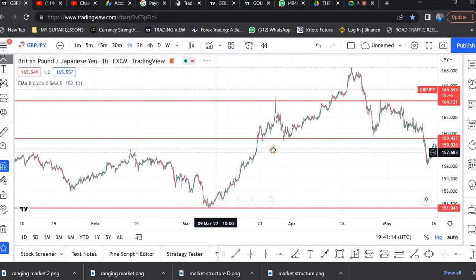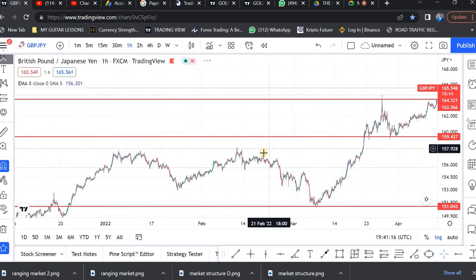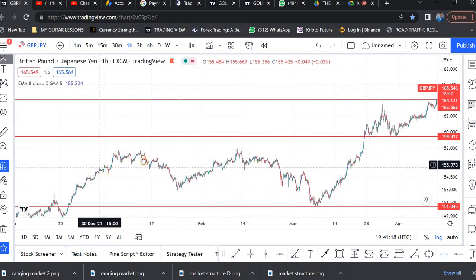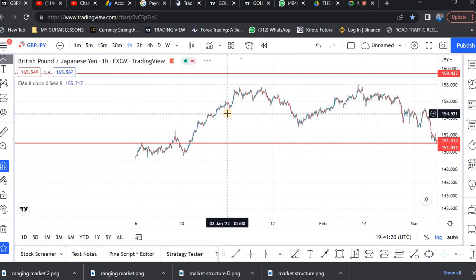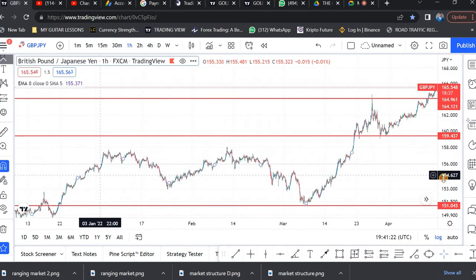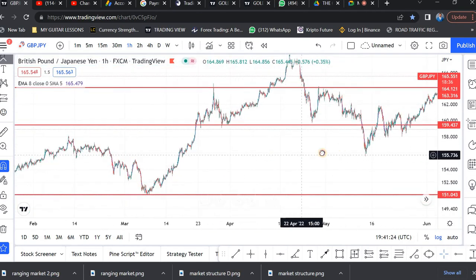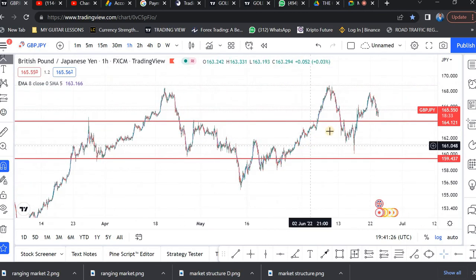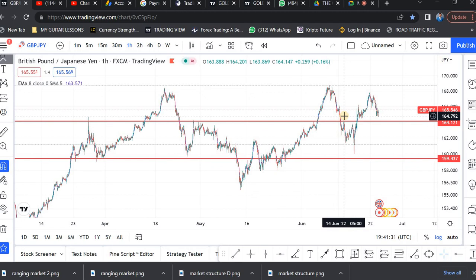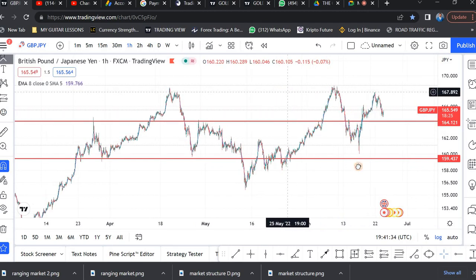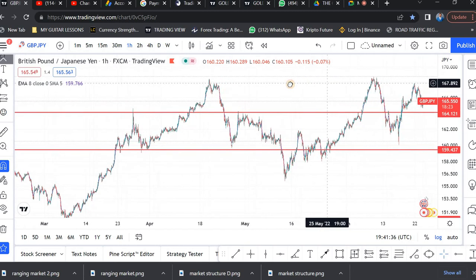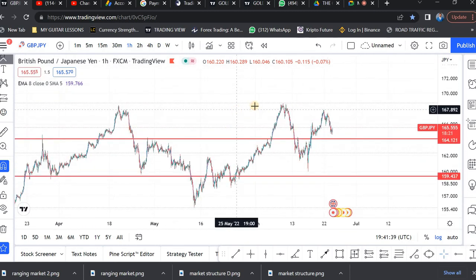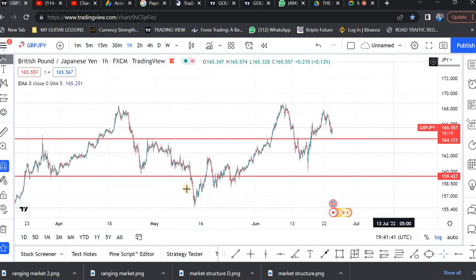I think I'll find examples of a ranging market, so you should be able to identify the structure of the market.